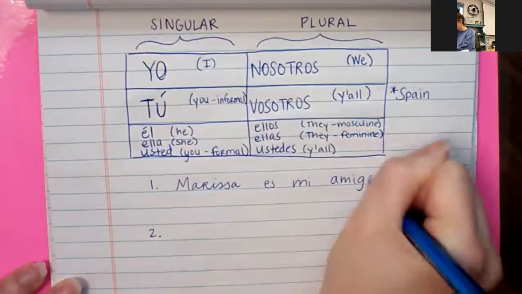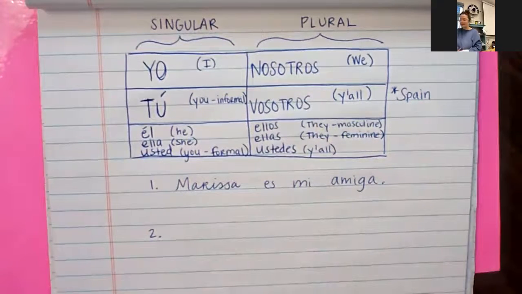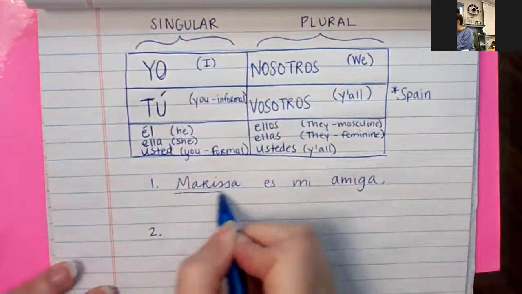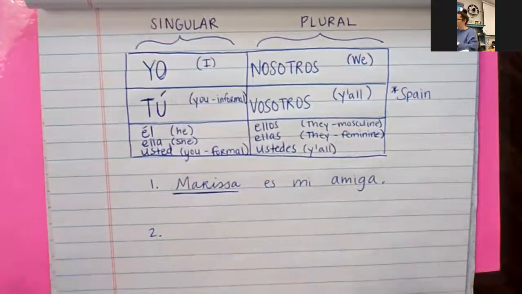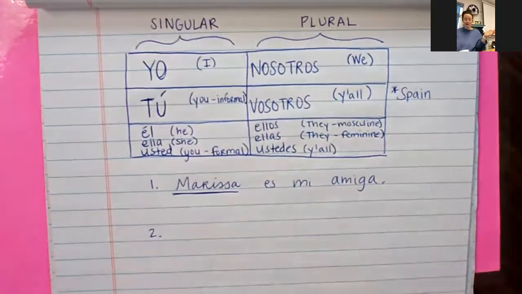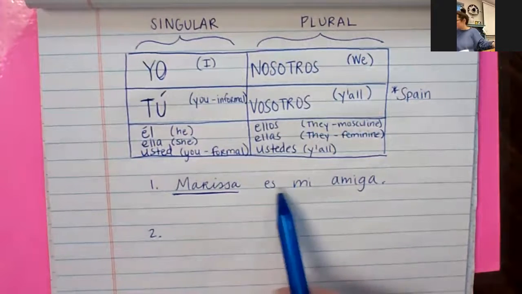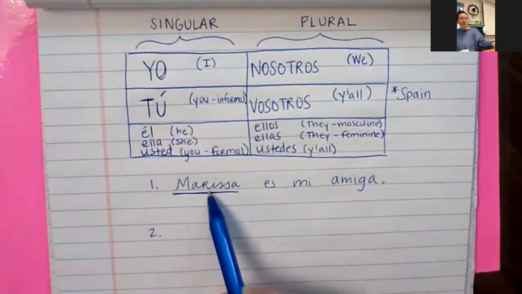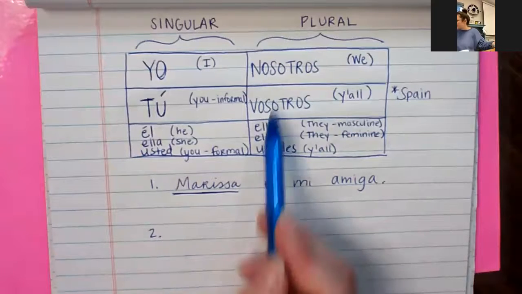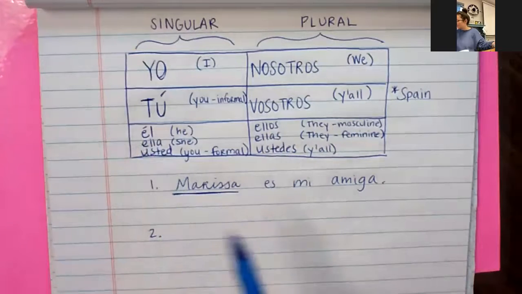I even provided you with the translations of these simple sentences, so you had 0 excuses as to why you refuse to do the work. Or I just want to give you as many opportunities to try as possible. So Marissa is my friend. We are going to be replacing the word Marissa with one of these 10 words.